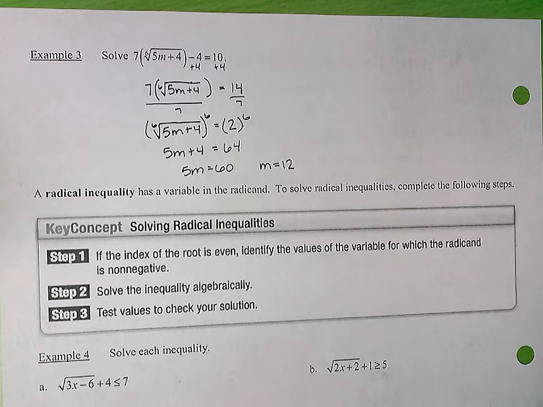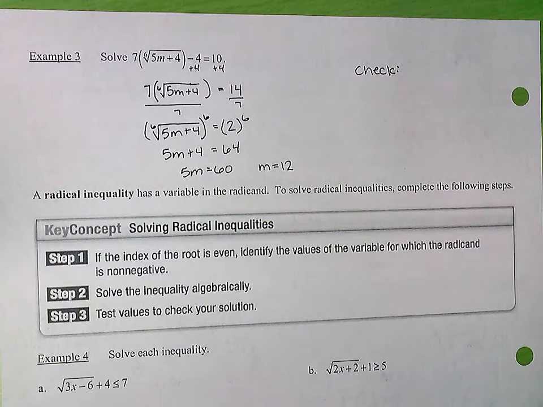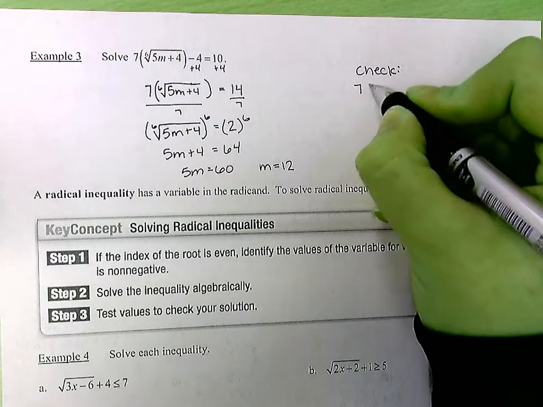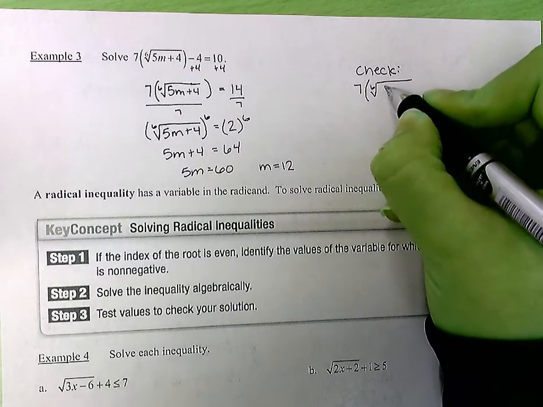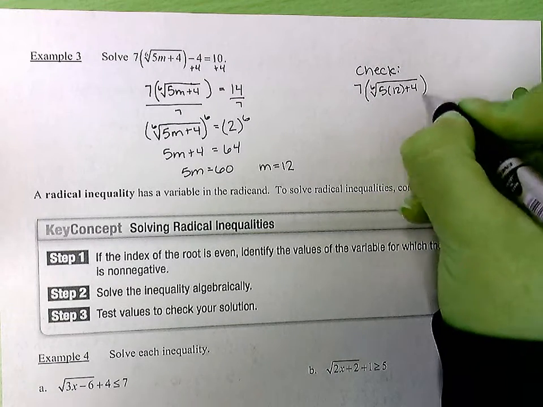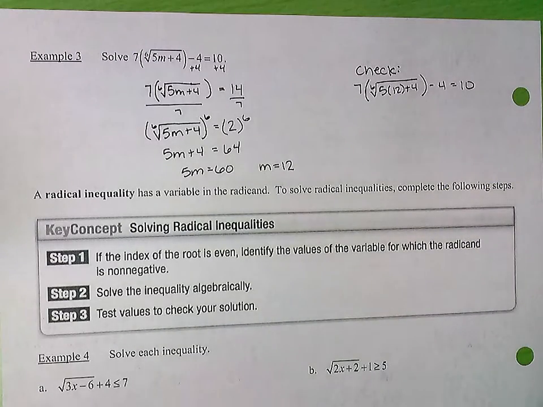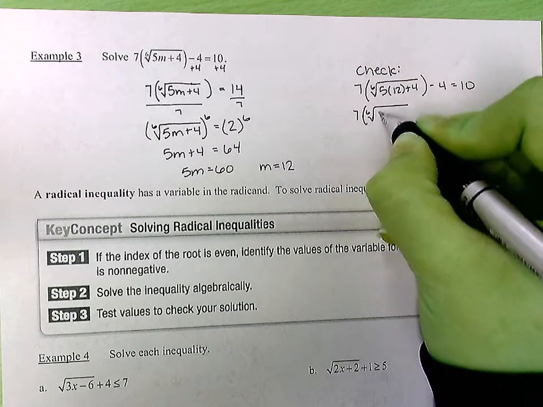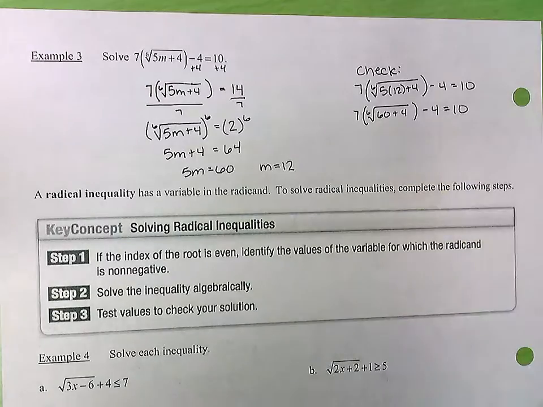Now, we need to check. Okay, so off to the side, we're checking the answer. So we'll plug in 12 for m. So we have 7 times the 6th root of 5 times 12 plus 4 minus 4 equals 10. So we have 7 times the 6th root of 60 plus 4 minus 4 equals 10.